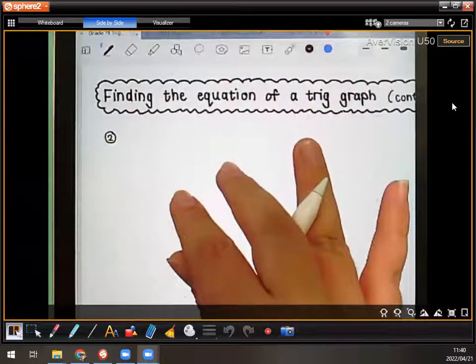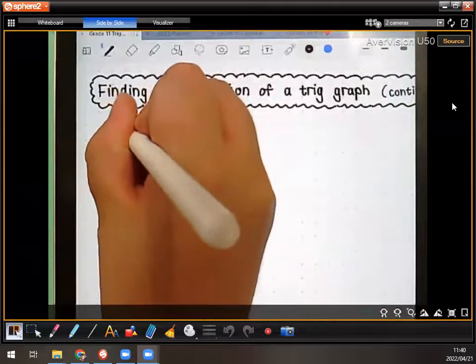So I'm just going to write the basic tan graph.